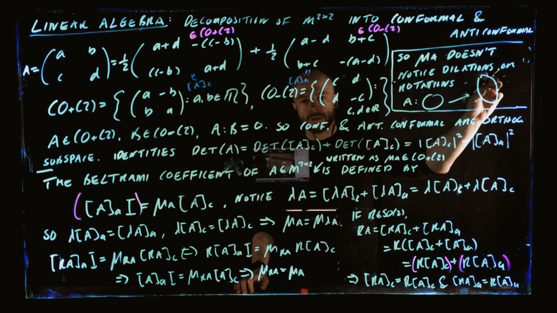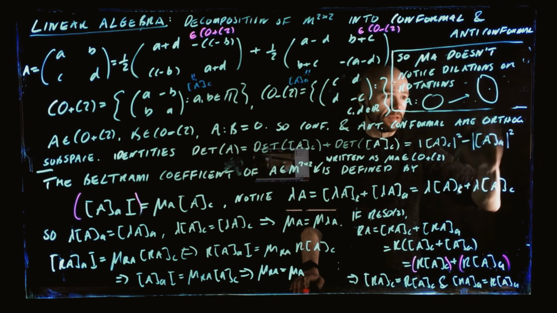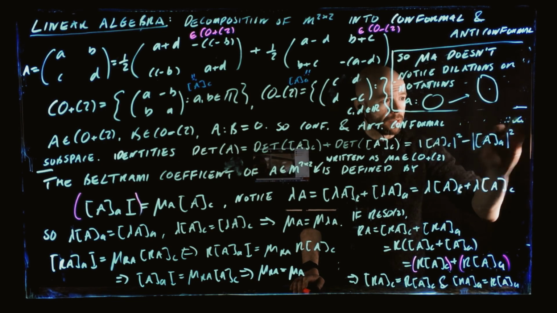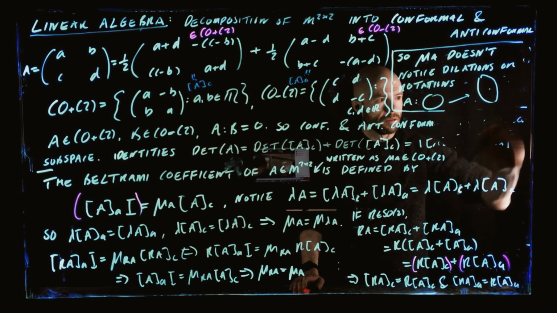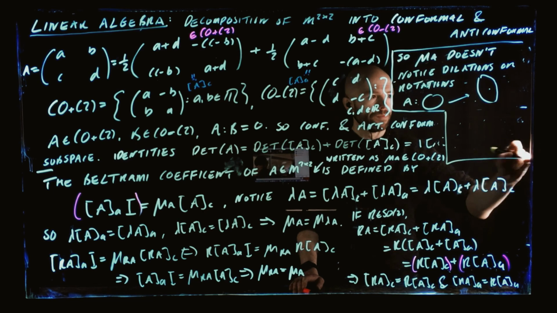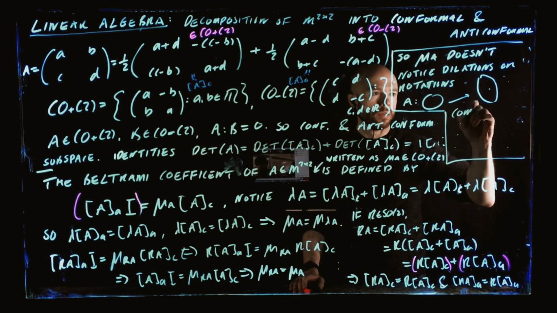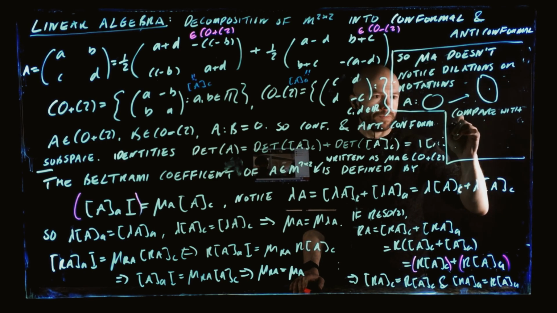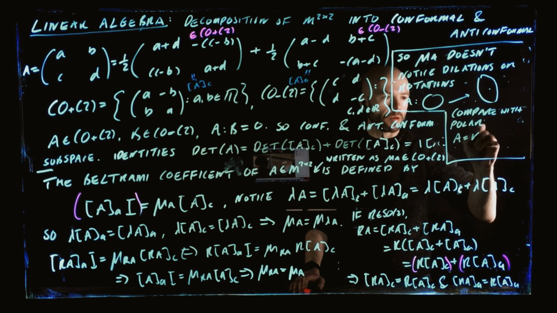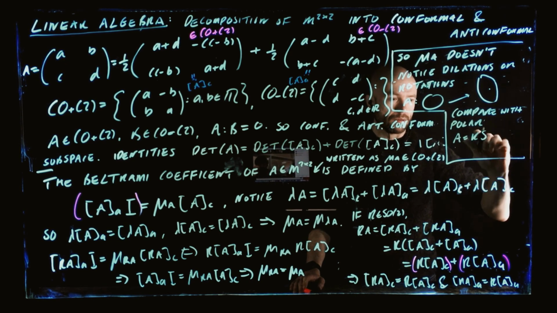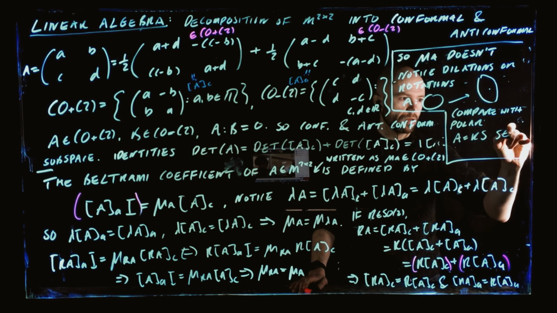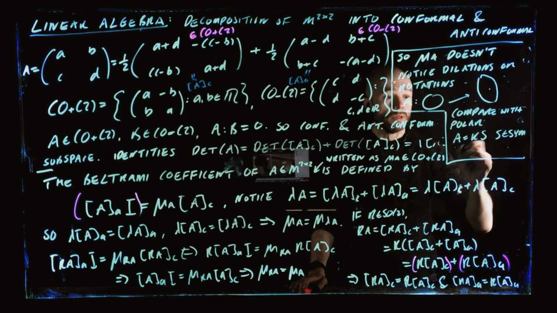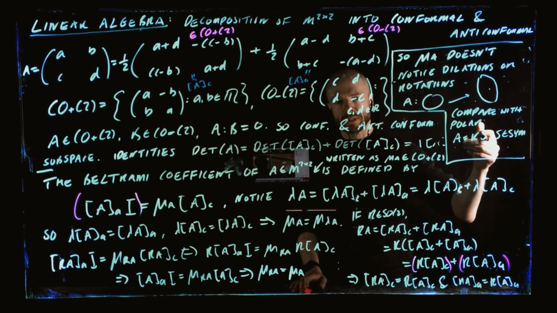Compare this with the symmetric part of the matrix that you get from polar decomposition. When we write A is equal to a rotation times S, where S belongs to the symmetric 2x2 matrices, then symmetric 2x2 matrices are a 3-dimensional space, right?